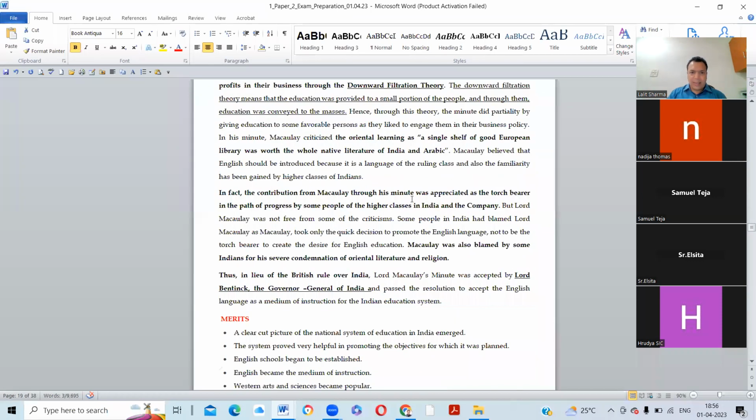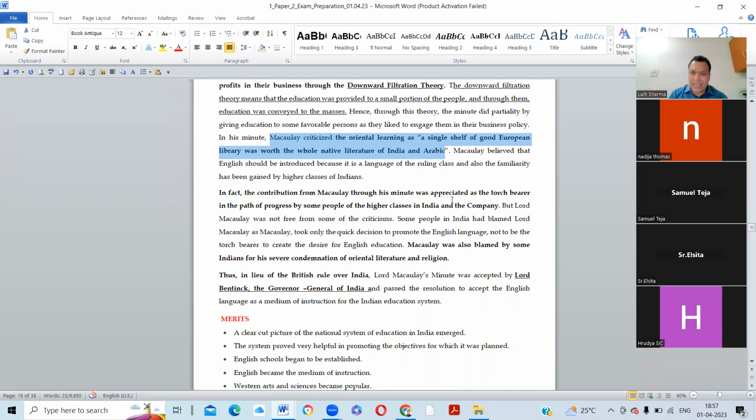What was the purpose of Macaulay, Lord Bentinck, or the British in introducing the English system? They wanted such a person who would be Indian through blood, but British through the soul.